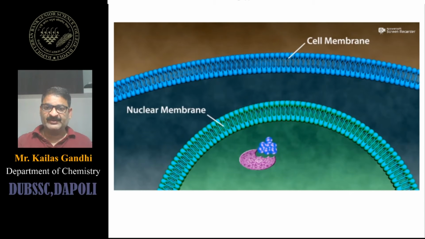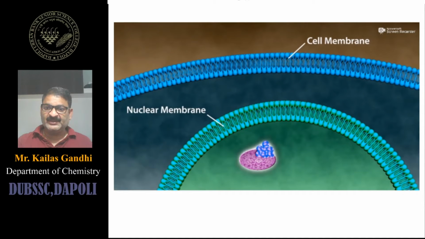So these are the four types of receptors. Each and every receptor gives a different type of function, or we can say they have a different mechanism. And after that, the drug molecule gives the corresponding physiological action.